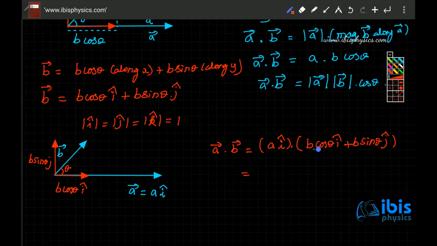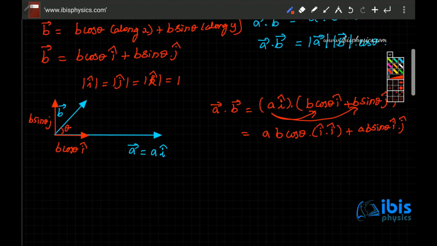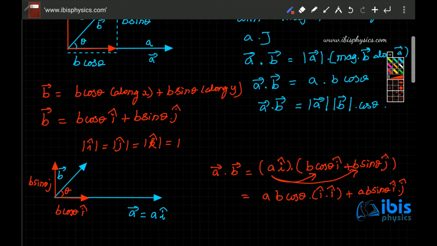And here, the first term into the first term is AB cos theta into i dot i, because it is a dot product. Plus this multiplied by this is AB sin theta into i dot j. Then i dot i, when you multiply, it is again a dot product. The dot product is AB cos theta.